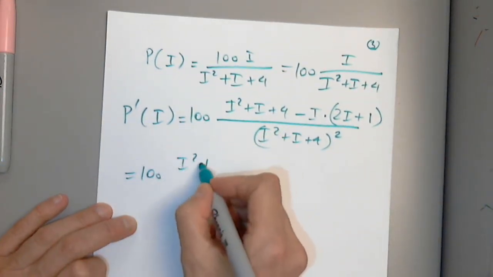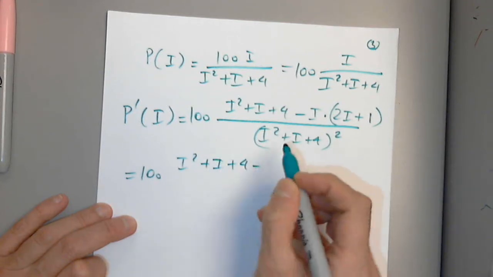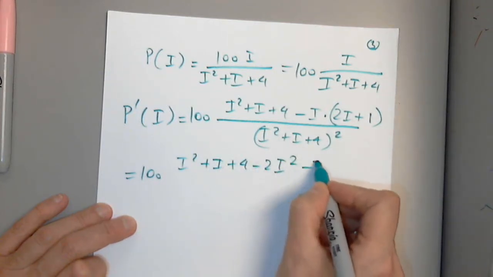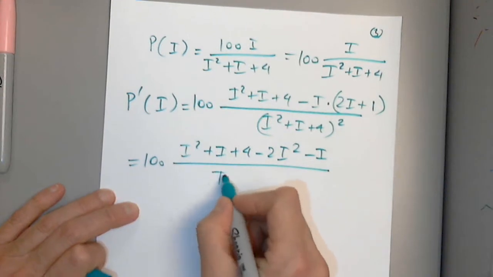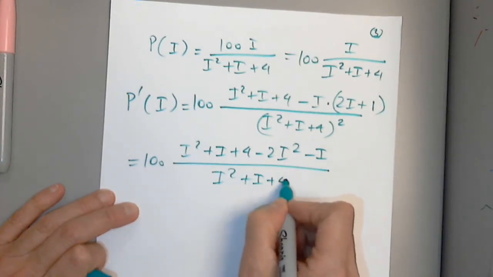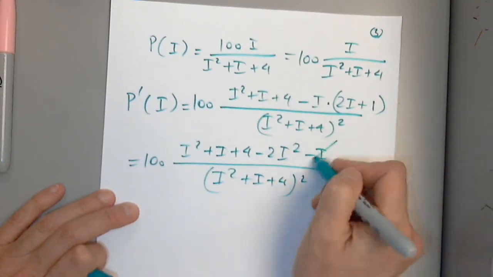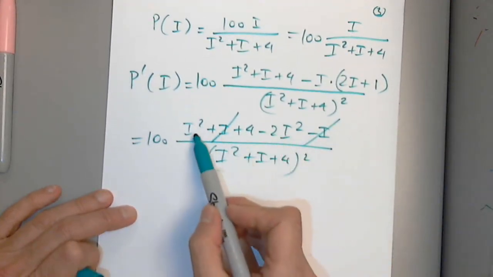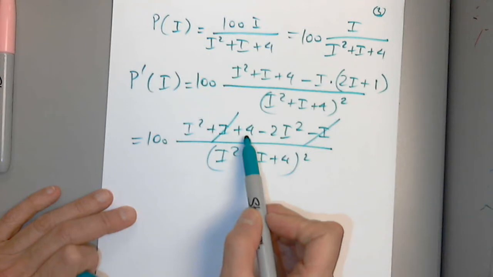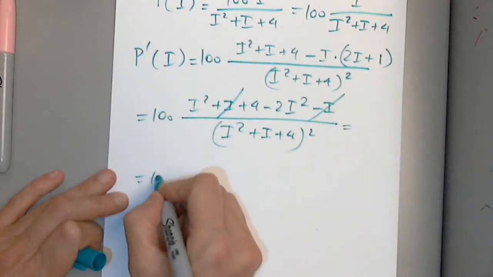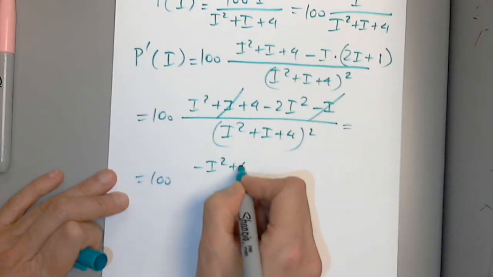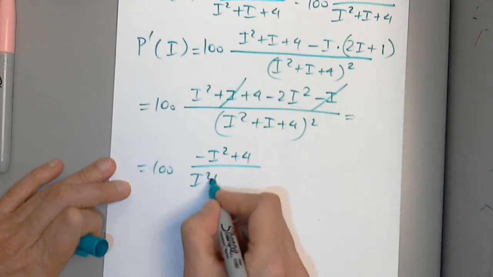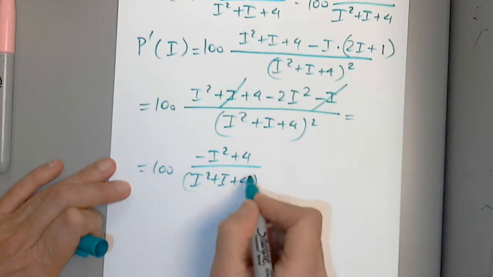So this is I squared plus I plus 4 minus 2I squared minus I over I squared plus I plus 4 squared. These two go away, luckily, and I get negative I squared plus 4. So this is 100 times negative I squared plus 4 over I squared plus I plus 4 squared.